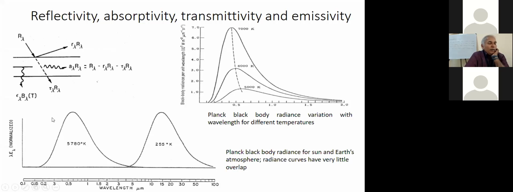The radiation coming from the sun we call shortwave radiation. It has a part in the visible, a part in the infrared, and a very small contribution from the ultraviolet part of the spectrum, less than 0.4 micrometer.